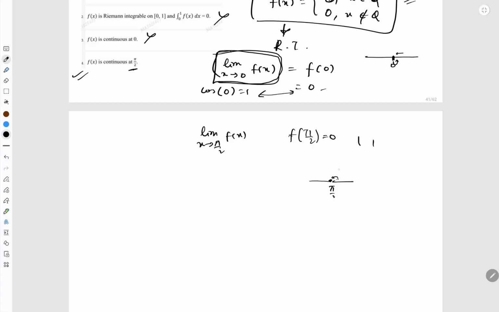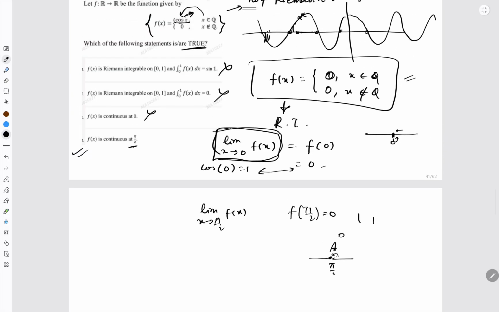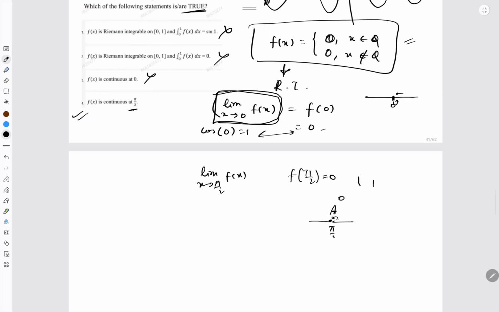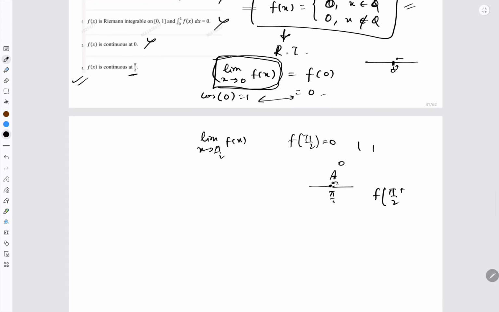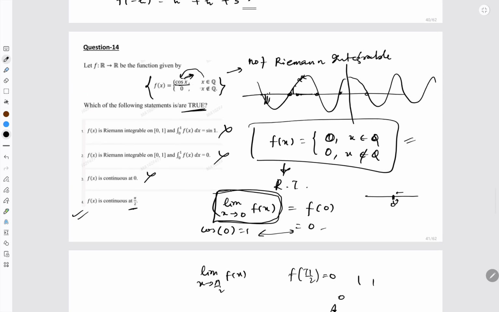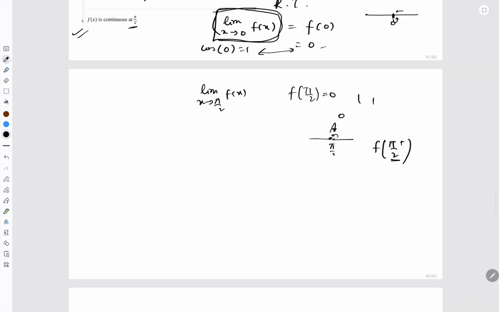Let's say f of pi by 2 plus is the next real number to pi by 2 on the right side. Let's say this is an irrational number. Then I'll follow the definition for irrational numbers to find the value of f of pi by 2 plus. So it will be 0 only. Similarly, f of pi by 2 minus will be 0 only.